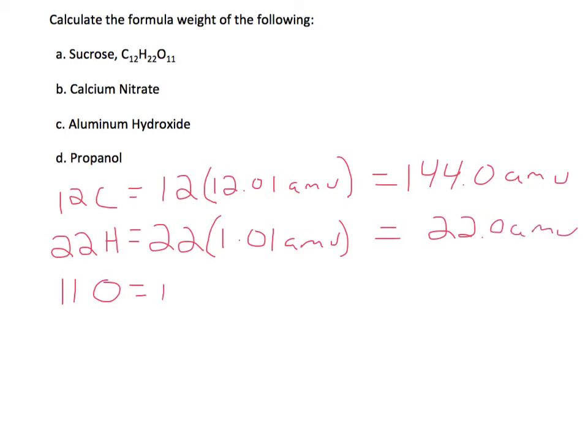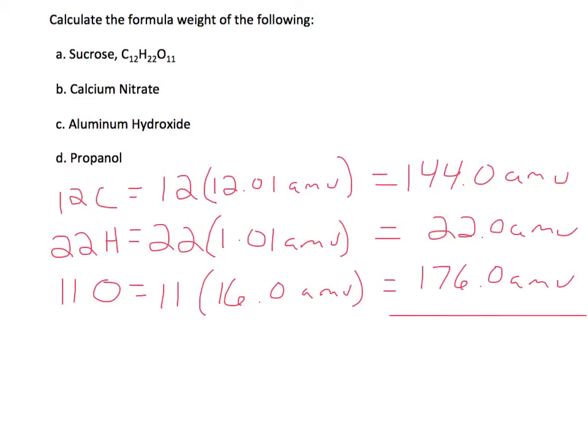And for oxygen, we have 11 times 16.0 AMU, which gives us a total of 176.0 AMU. Then to get the formula weight of the entire formula, we just add all those up, which is 342.0 AMU.